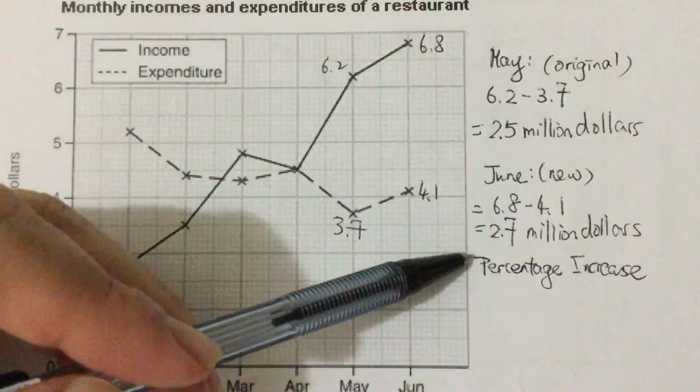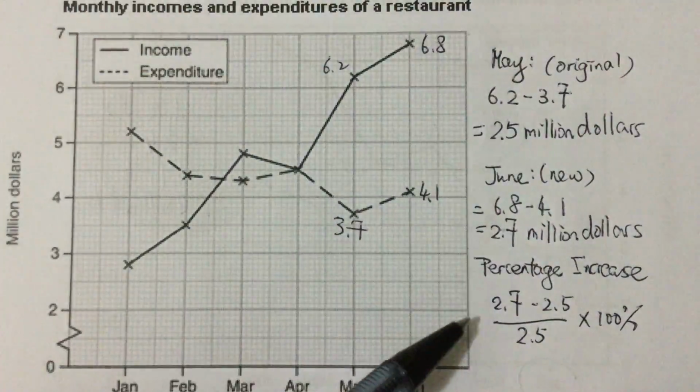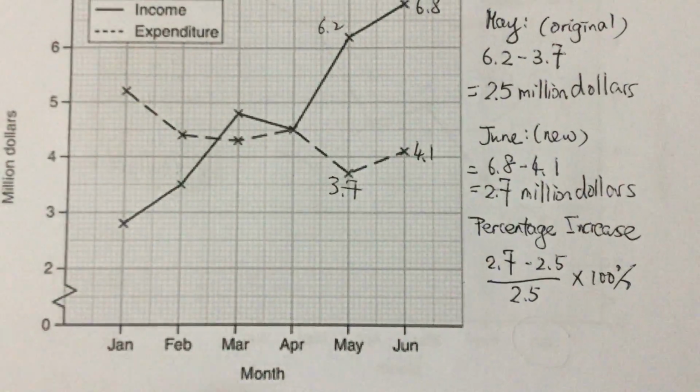So we will use the new number 2.7 minus 2.5, the original one, over the original one 2.5 times 100%. So we have the formula like this. And then you have 0.2 over 2.5 times 100%.